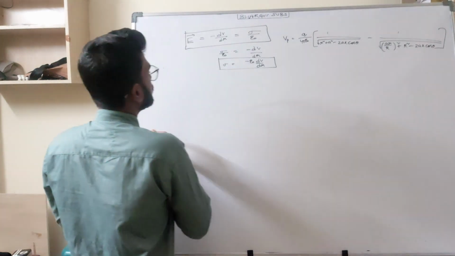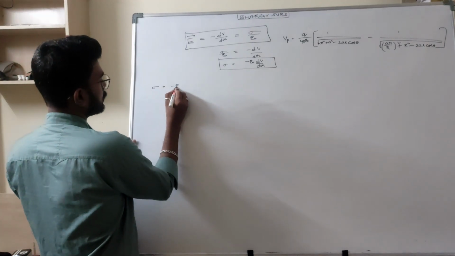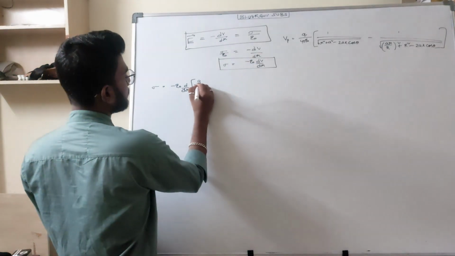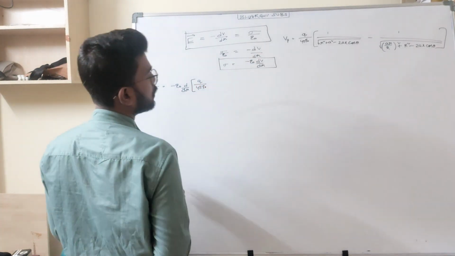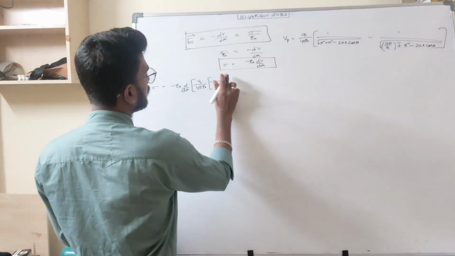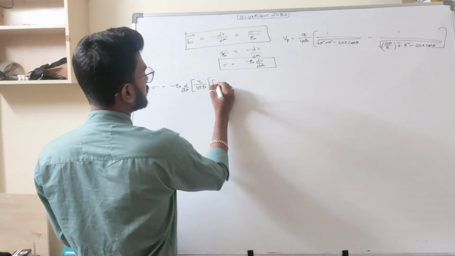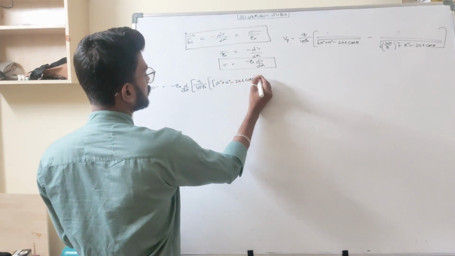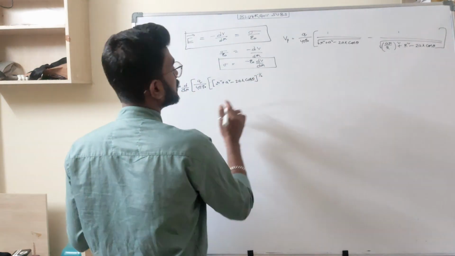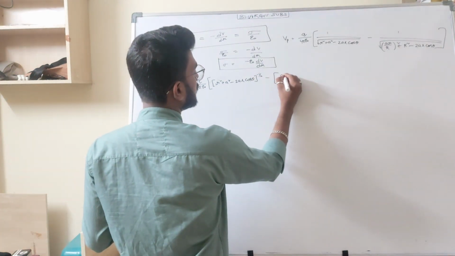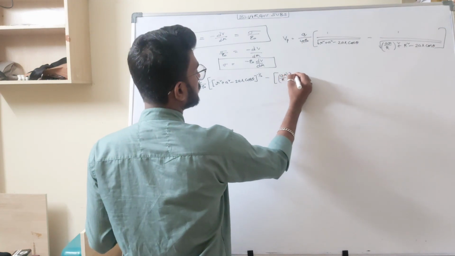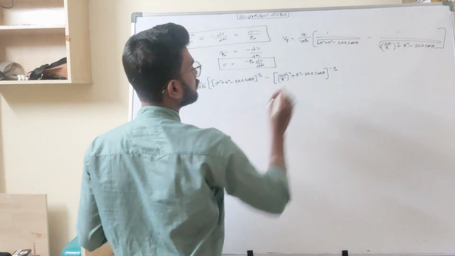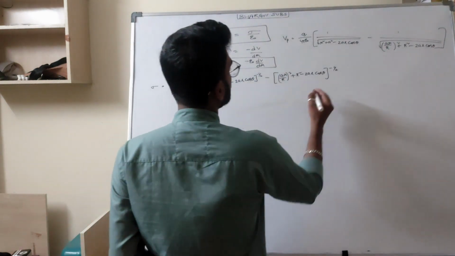So sigma is equal to minus epsilon naught d by dr of potential. What is potential? Q by 4 pi epsilon naught into (1 by (r square plus a square minus 2ar cos theta) whole to the power minus 1 by 2, and (a r by capital R) whole square plus r square minus 2ar cos theta whole to the power minus 1 by 2), correct?